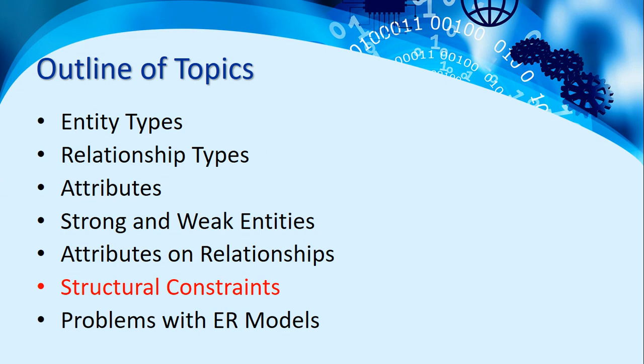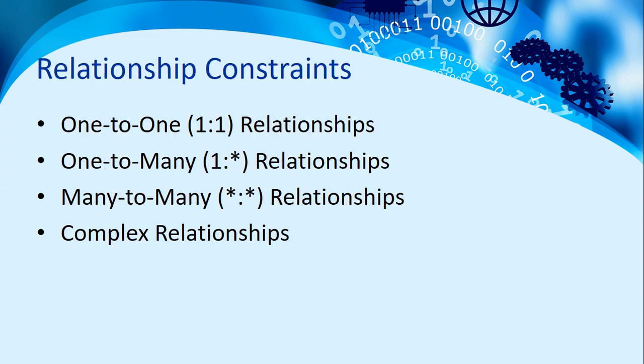So I think you are already familiar with this topic. Hindi nyo lang alam na structural constraints pala siya. Okay, so we have here the following. Ito nga ang tinatawag na relationship constraints. So I'm sure you are all familiar with this one-to-one relationship.